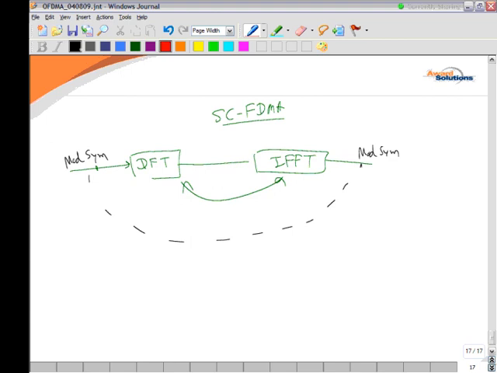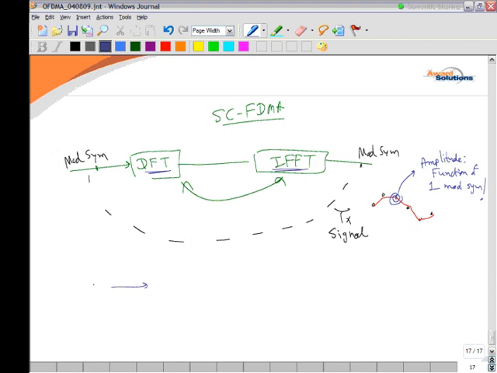So if I observe the signal that is being sent out by the IFFT, here is my signal coming out, and now I will observe the amplitude at this time. The amplitude of the signal at this time is a function of one modulation symbol rather than a function of all modulation symbols, because these operations are effectively inverse of each other.